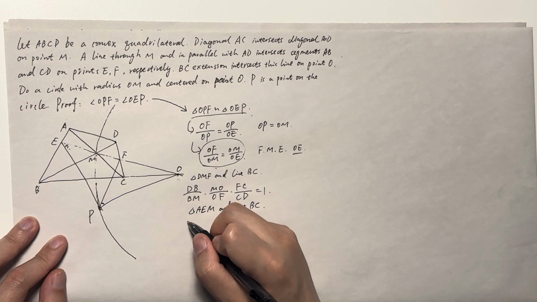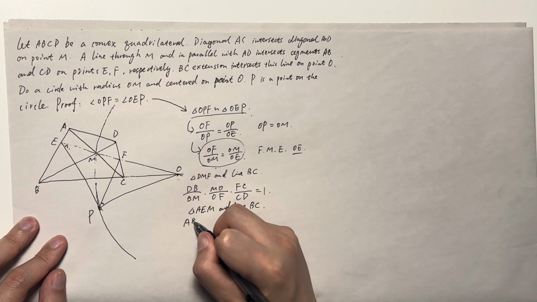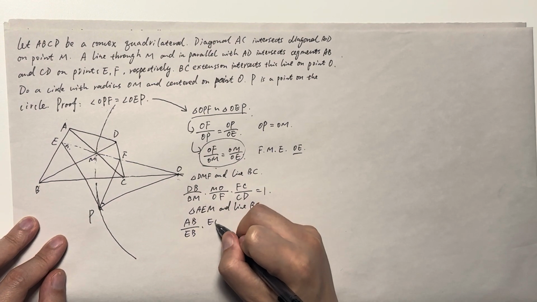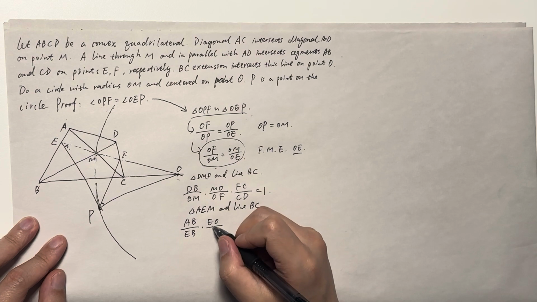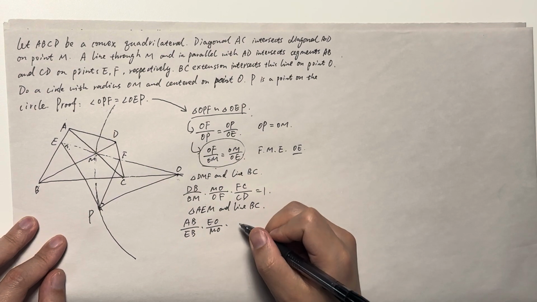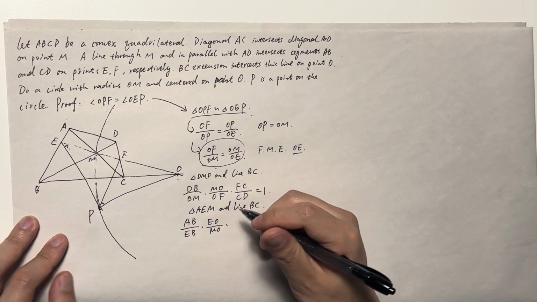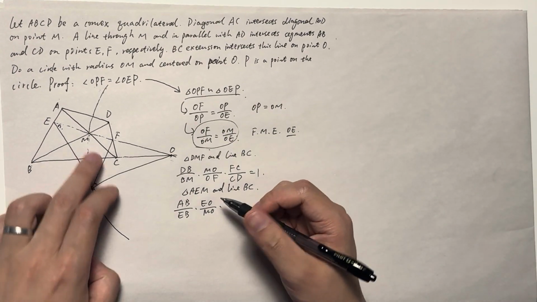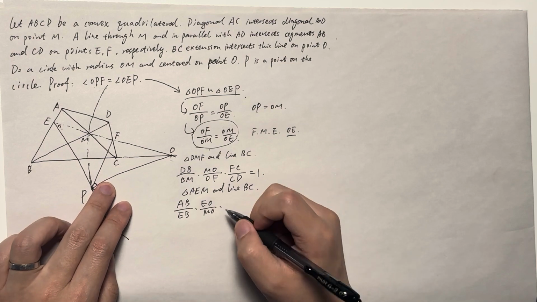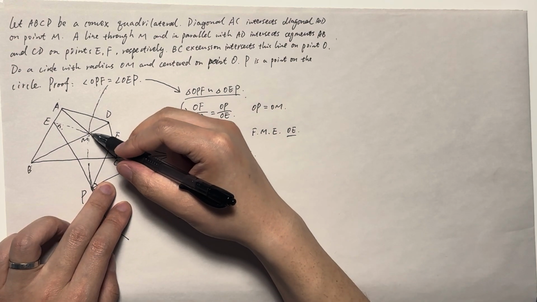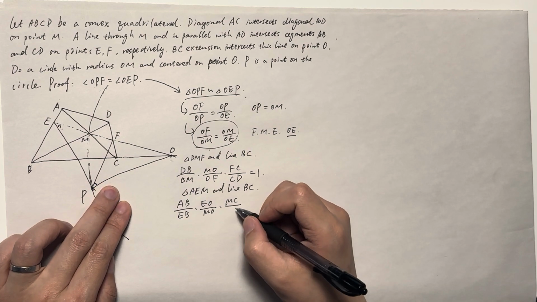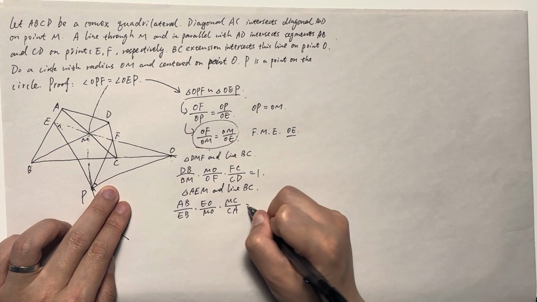So we get AB divided by EB times EO divided by MO times MC divided by CA equals 1.